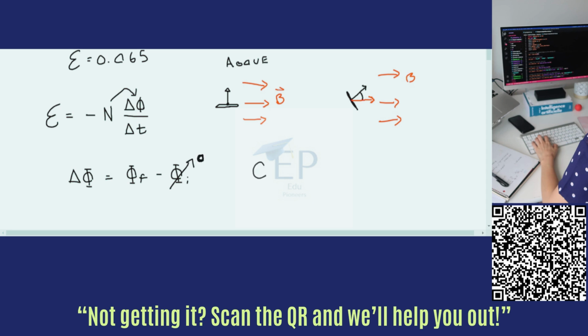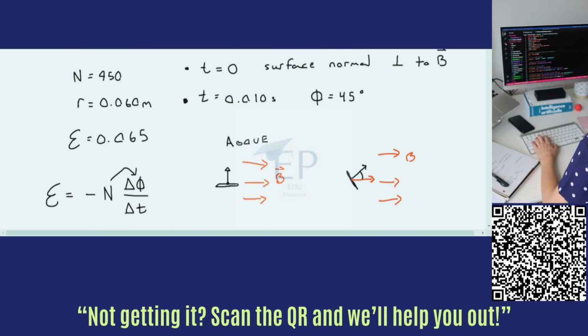However, the final flux is not going to be 0. It's going to be equal to our general expression for the flux, which is B times A times the cosine of the angle between the magnetic field and the surface normal, which in our case is just going to be phi, which is 45 degrees up here, which is this angle we drew right here.